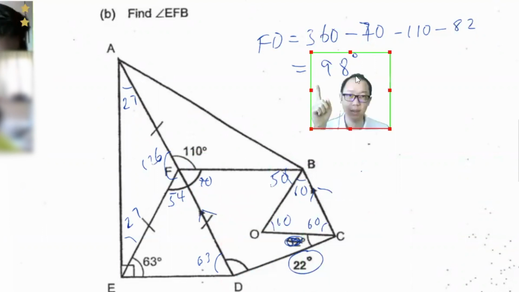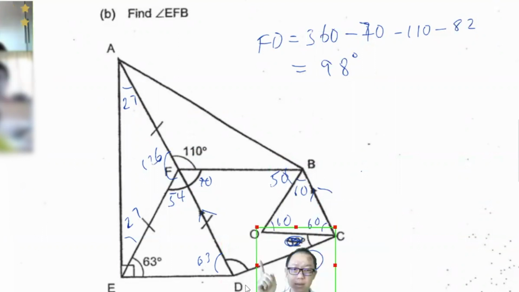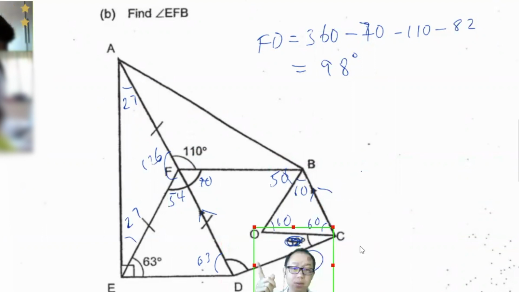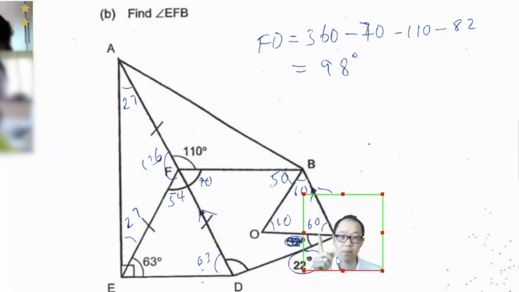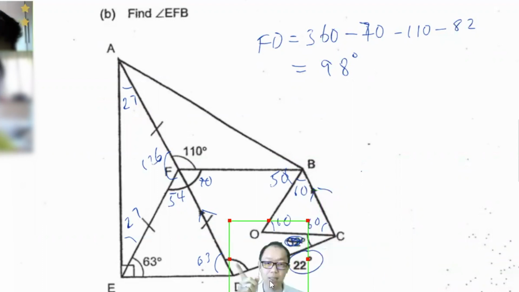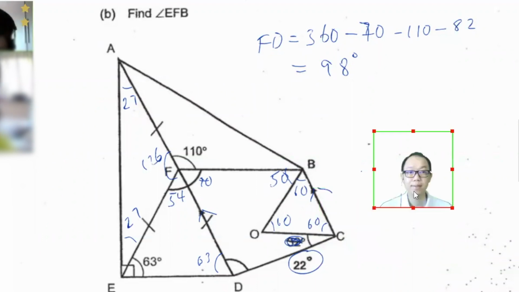So I take 360 minus this one, minus this one, minus this one, I get this, right? So Tadio suggests why not take 180 minus this, you get this, also can, right? That's actually faster, more straightforward. So 180 take away 82, you get 98. So this one is 98. Very good. Everyone is thinking, right?